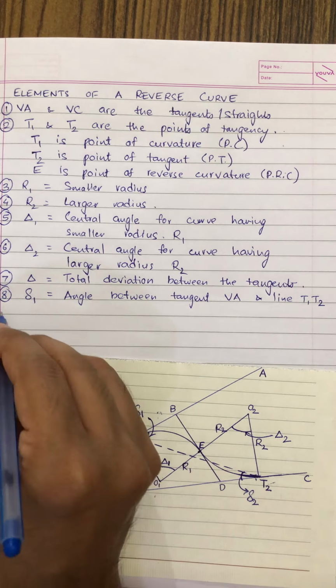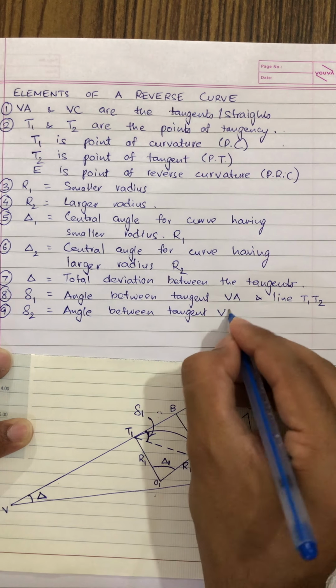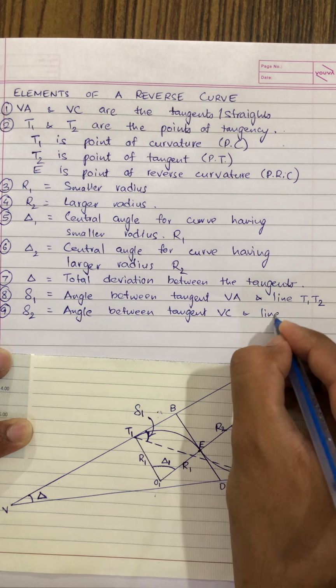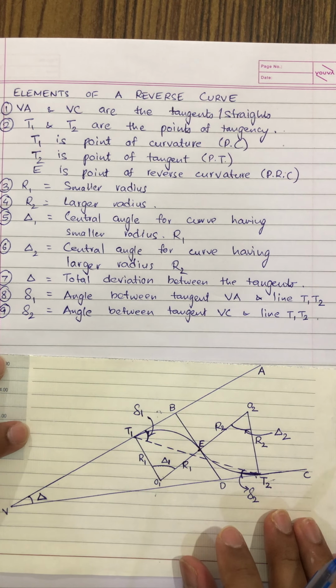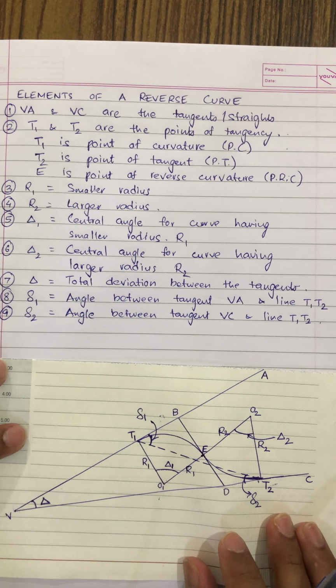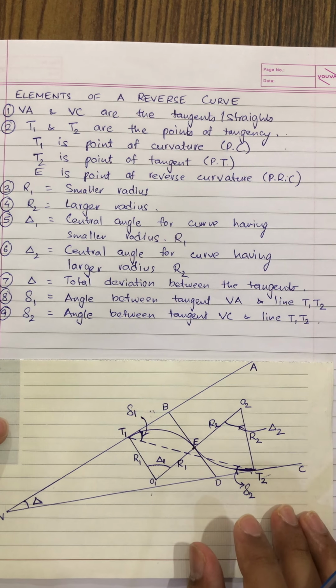Del 2 is the angle between tangent VC and line T1, T2. Fine. So these are the elements, or you can say these are the parts of a reverse curve.